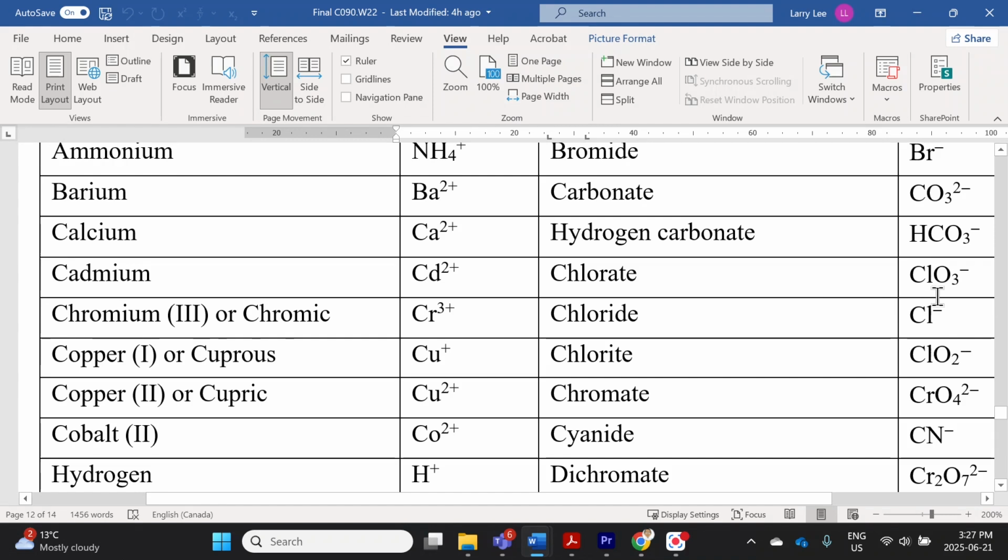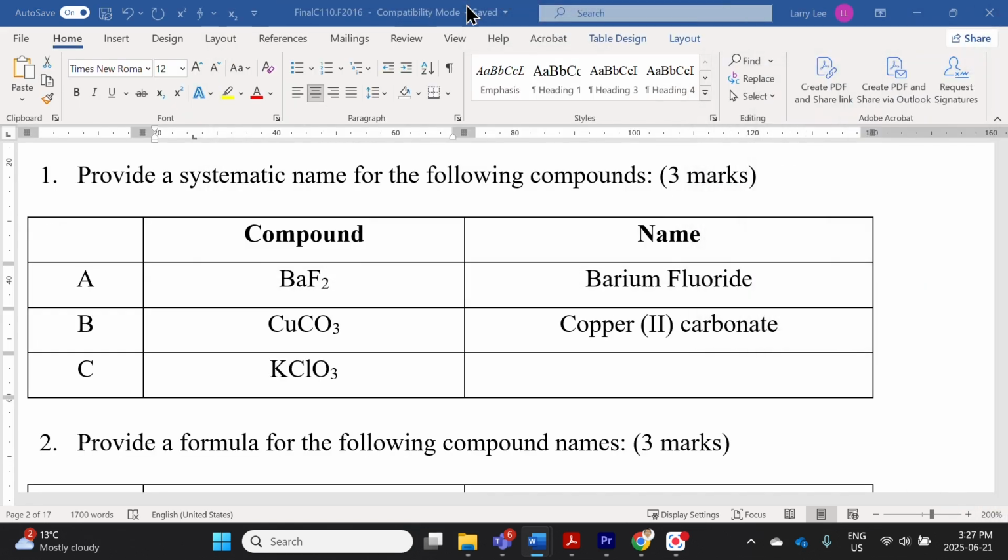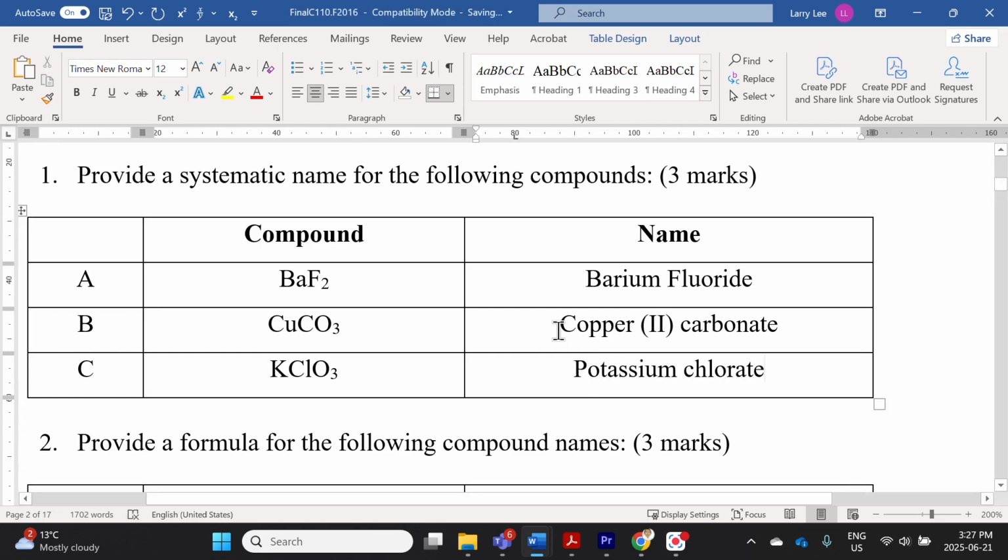It's right here, chlorate, ClO3, and that would be potassium, K plus with ClO3 minus. And again, just gonna push this over. Okay, so this is potassium chlorate. So make sure you use that common ion table.